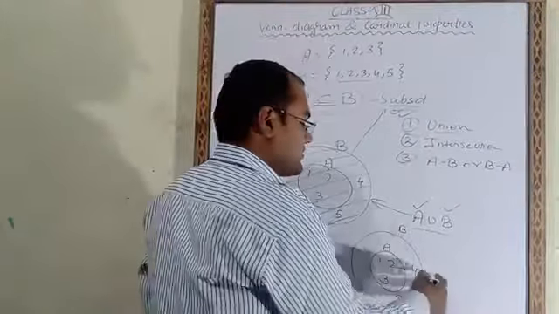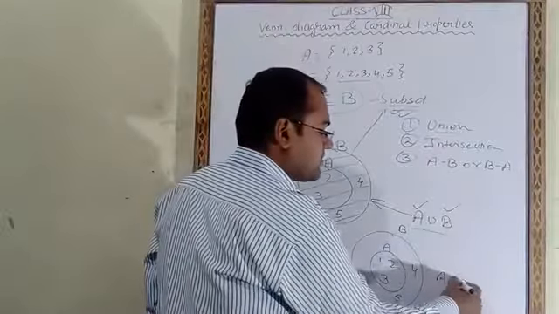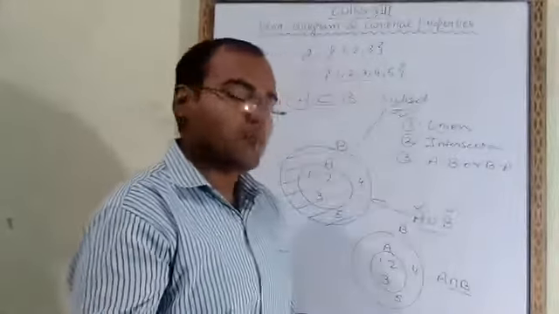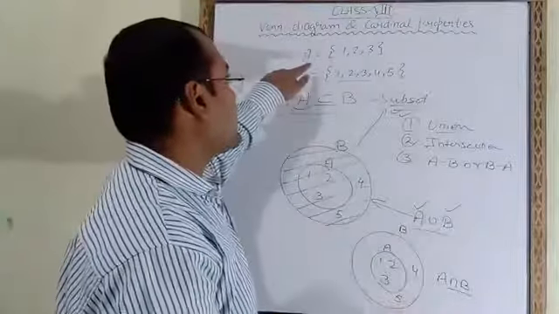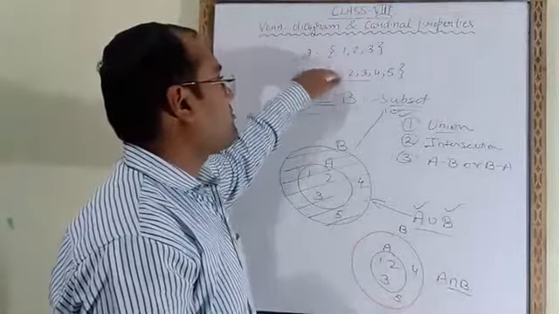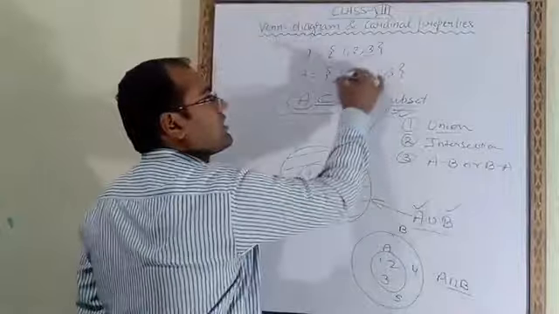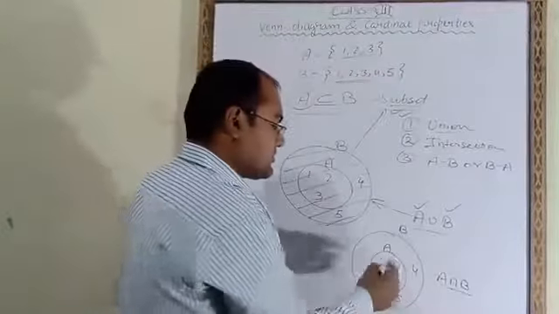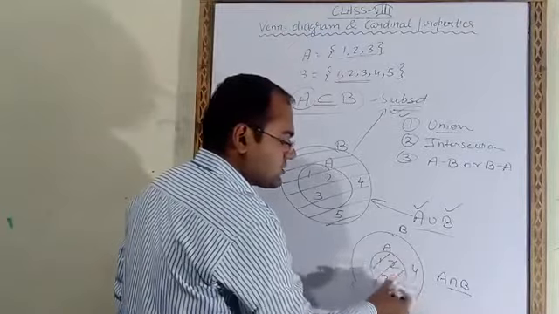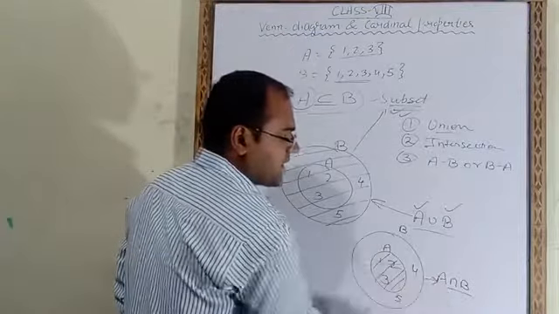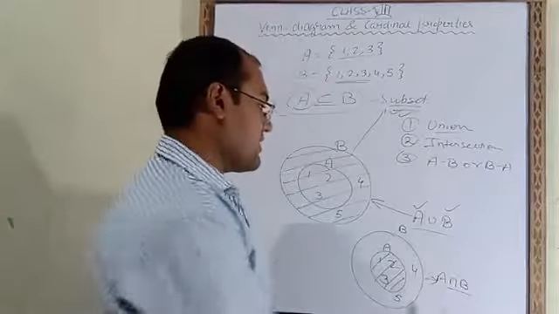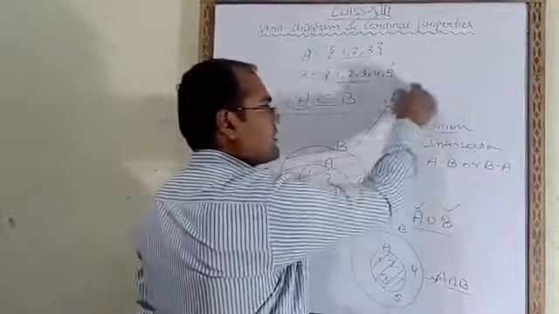Now we have to represent A intersection B. Intersection means common elements of A and B. You can check what elements are common in both A and B. 1, 2 and 3 are common in both A and B. So what we have to do is shade this part. So this is the Venn diagram for A intersection B when the case is of subset.